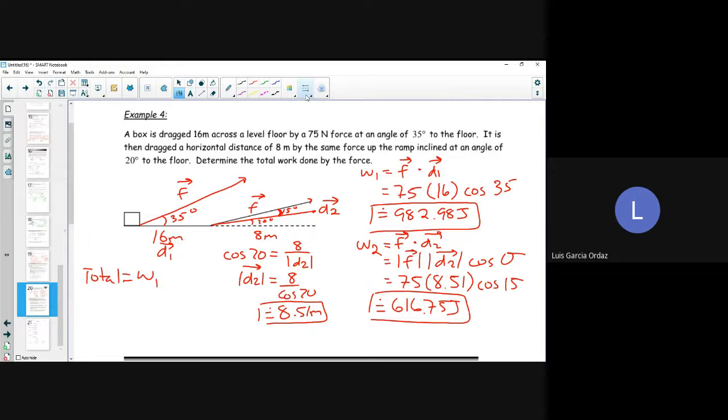In order to figure out my total work, I need to add my work from the first part of this activity and my work from the second part, which means I get 982.98 plus 616.75 is equal to 1,599.73 joules of total work.